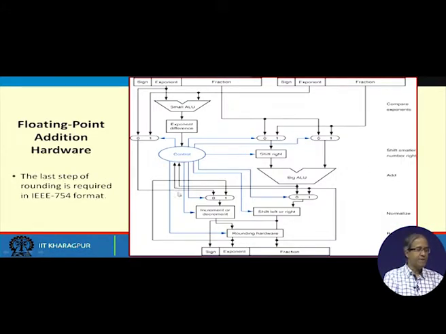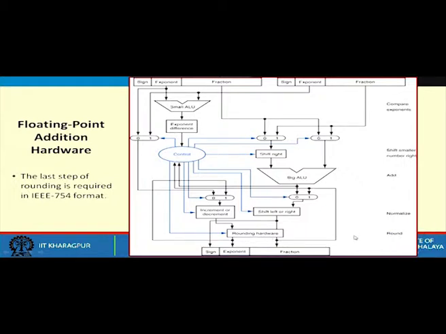This is the floating point addition hardware which we saw earlier, the non-pipelined version. Just a quick recap: the two numbers to be added are here, with sign, exponent and the mantissa or fraction. First, we compare the exponents by using a subtraction with a small ALU, and after subtraction you see the difference in the exponents. We have to shift the smaller number's fraction by that many bits, so there will be a shifter.